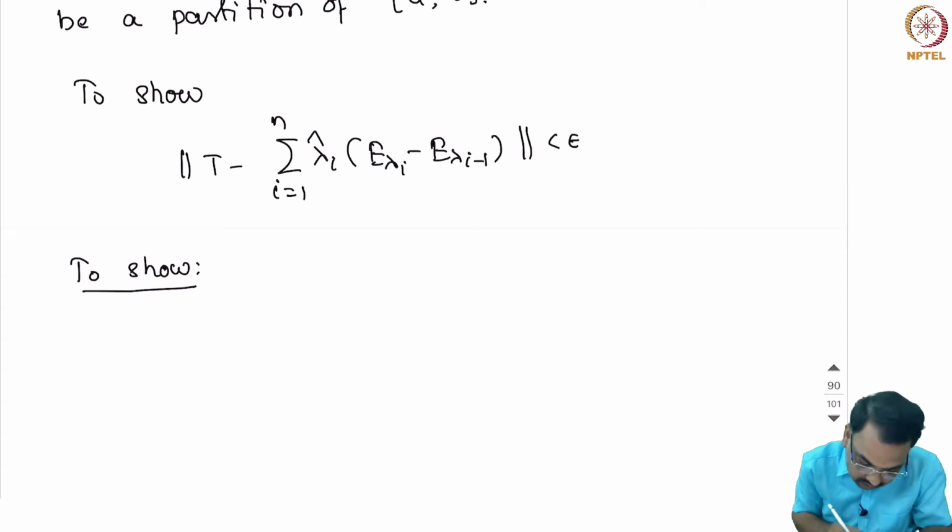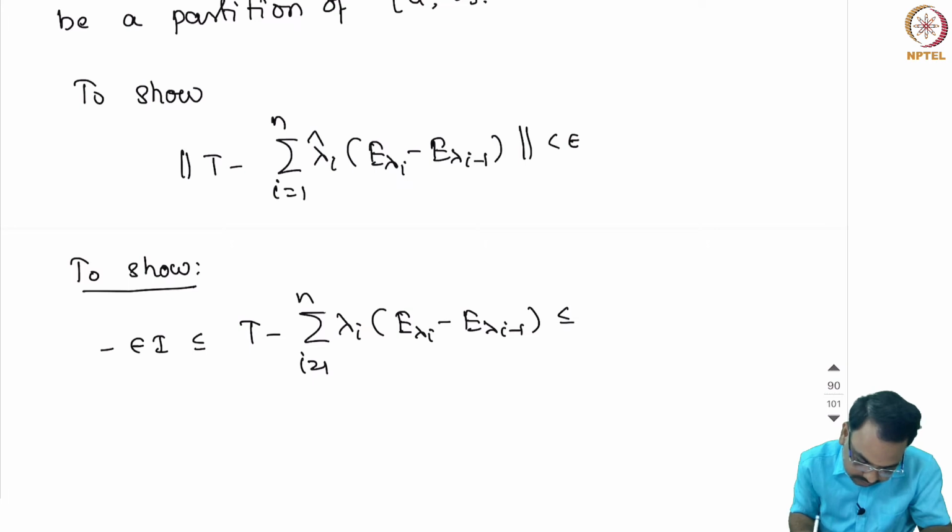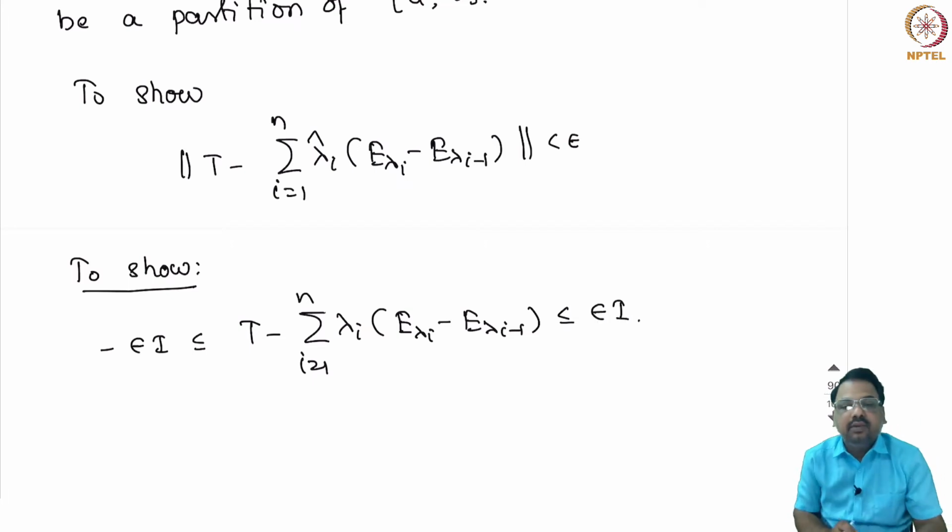So it is enough to look at minus epsilon I less than or equal to T minus summation i equal to 1 to n lambda i hat multiplied by E lambda i minus E lambda i minus 1, this is less than or equal to epsilon times identity. This is what we want to show.